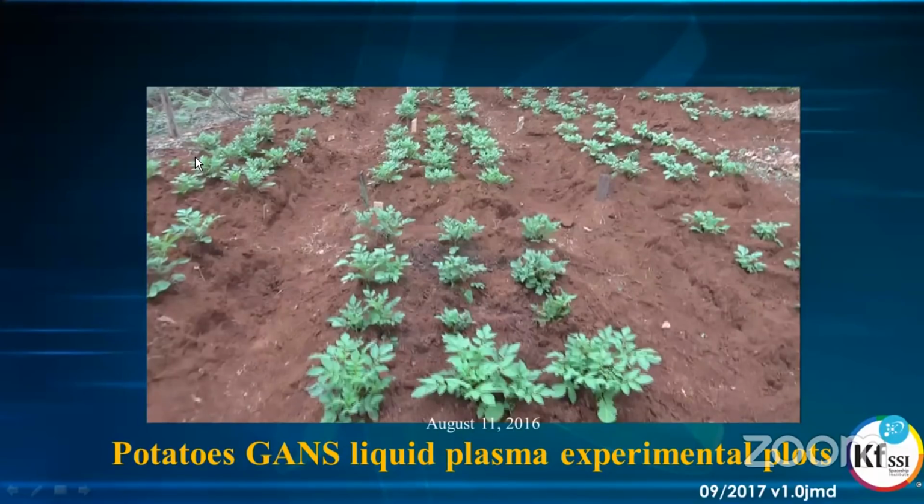What we have learned is that plasma extends beyond what one would think, so if the plots are very close together, the effects of CO2 extend to the crop that is for control.